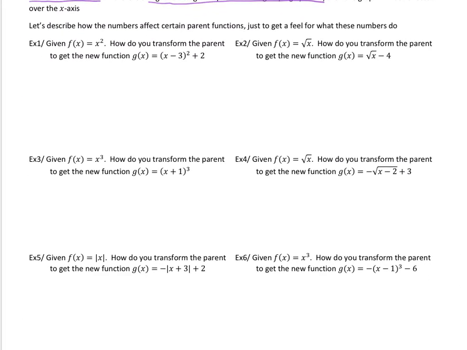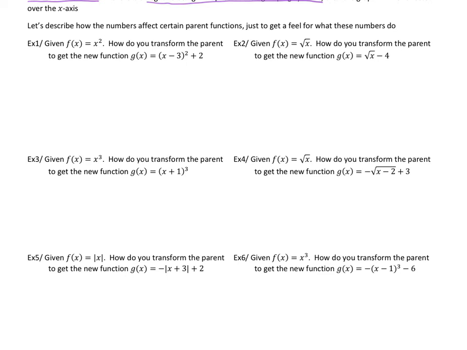So, in these next 6 examples, I think I want to do examples 1, 3, and 5 to give you a chance to try to do examples 2, 4, and 6 on your own. So all we want to do right now is look at what is given to us. In example 1, you have this as the parent function.